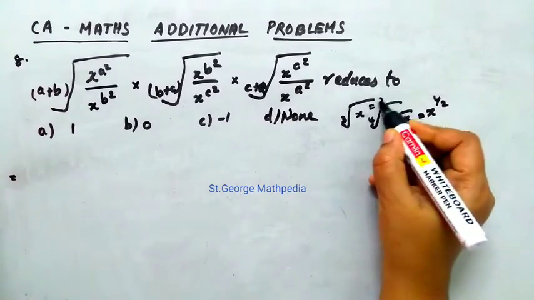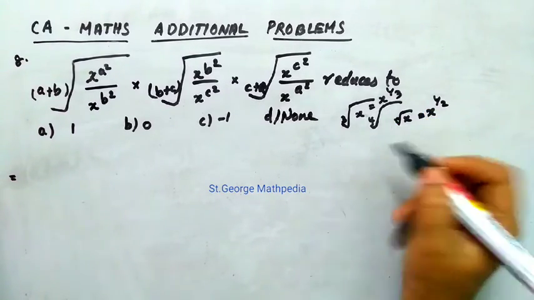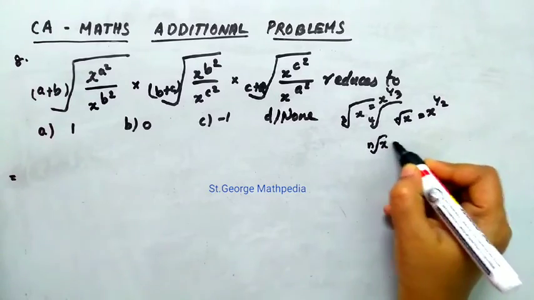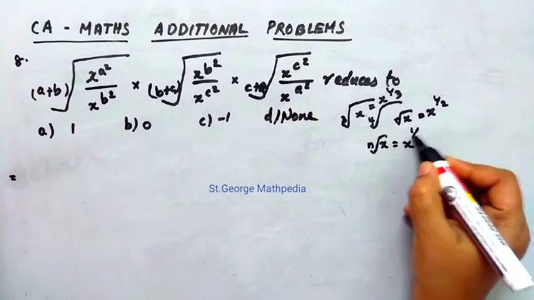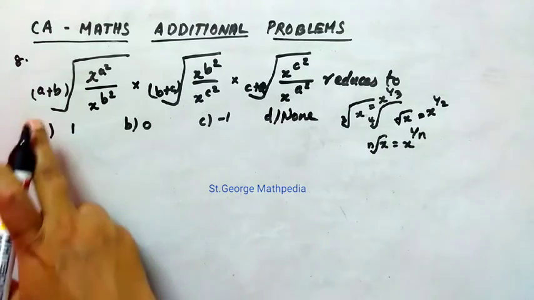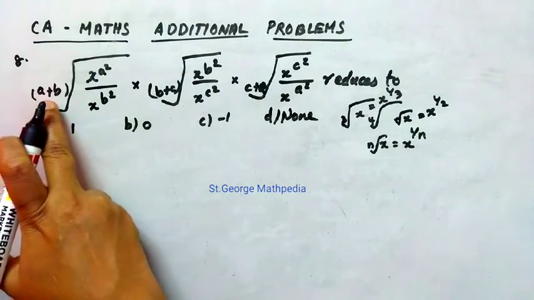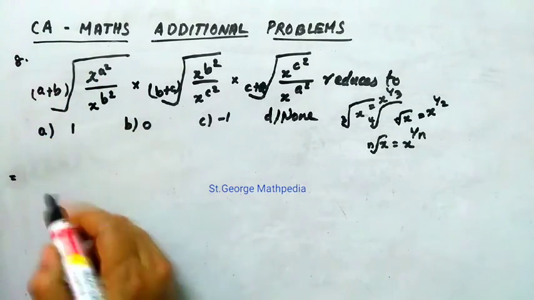If it is cubic root of x, then you can write it as x to the power of 1 by 3. That is, nth root of x means you can write it as x to the power of 1 by n. So here we have the a plus bth root of this thing.